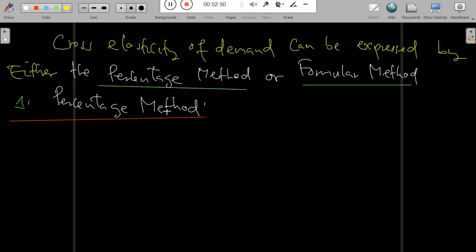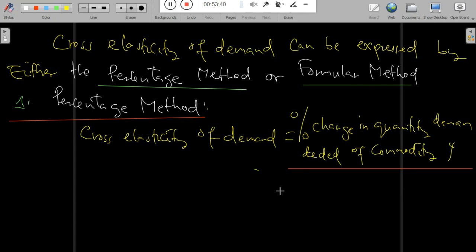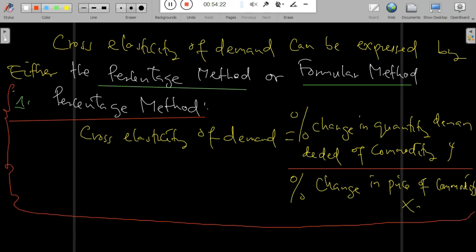Cross-elasticity of demand under the percentage method is found by taking the percentage change in quantity demanded of commodity Y over the percentage change in the price of commodity X. This is the formula under what is known as the percentage method.